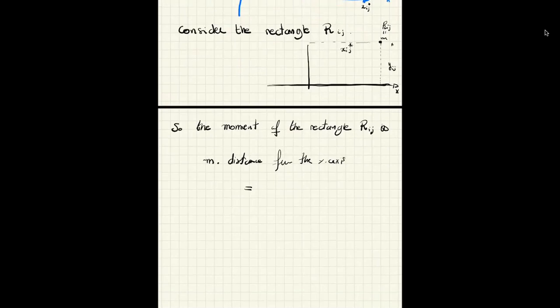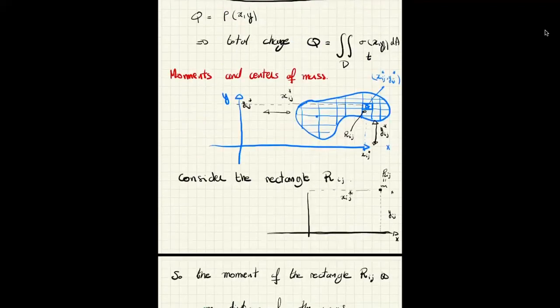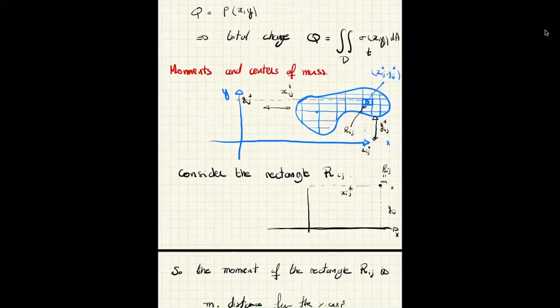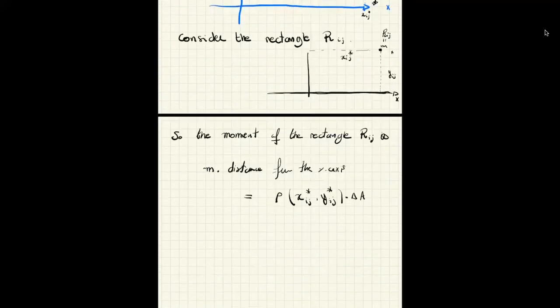Remember, we have a density here. The density is always given, applied at the point, times delta x delta y, but to not confuse you, this is just delta A. All of them have the same small area delta A. So this is the mass times y.